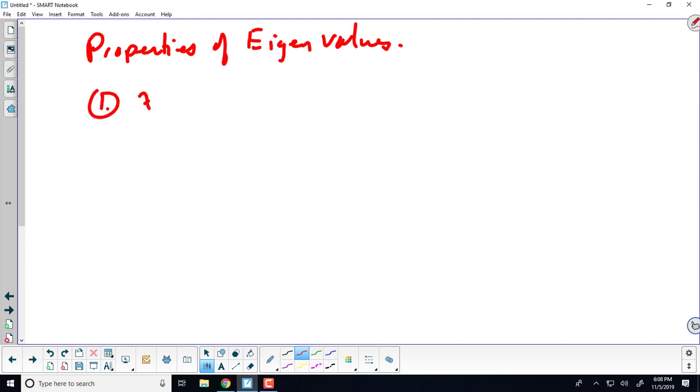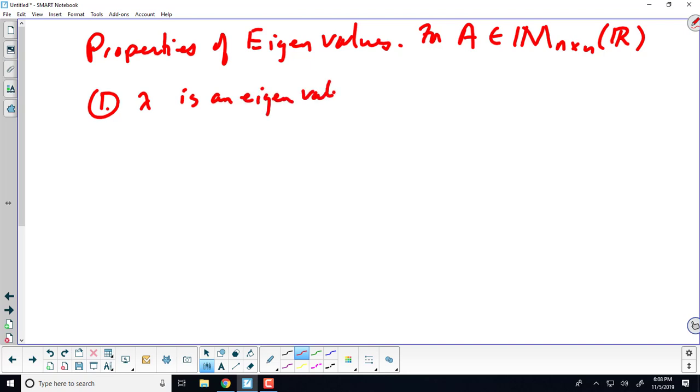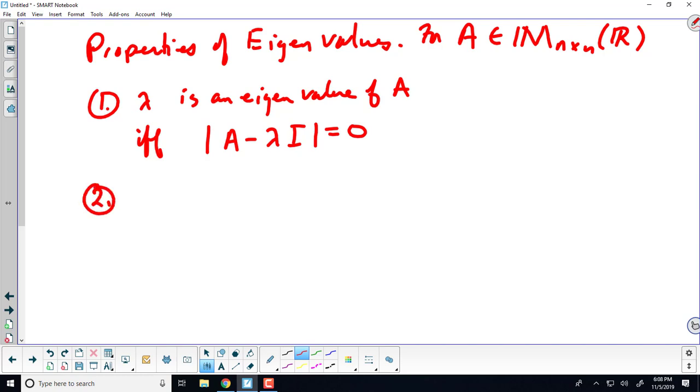For A, an m by m matrix of real values, lambda is an eigenvalue of A if and only if it solves the characteristic equation. That's not the definition; that's what we got after we applied the definition. We did that work.